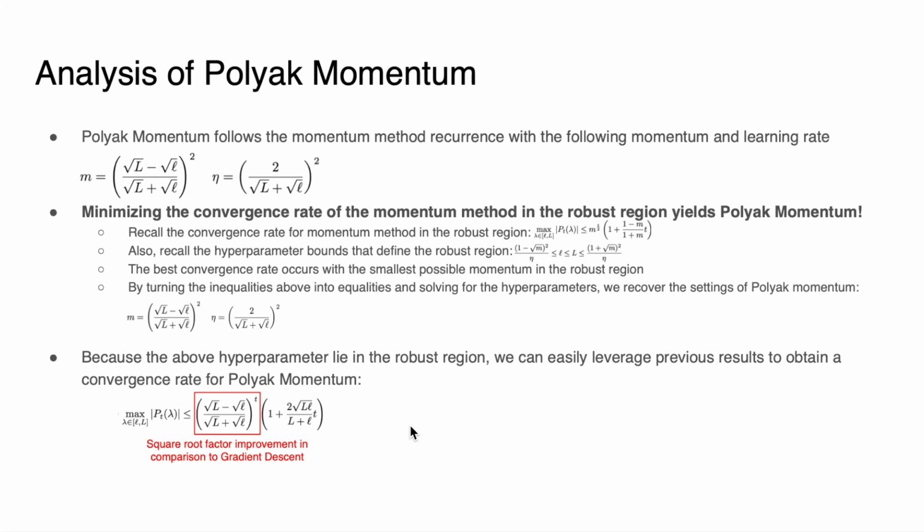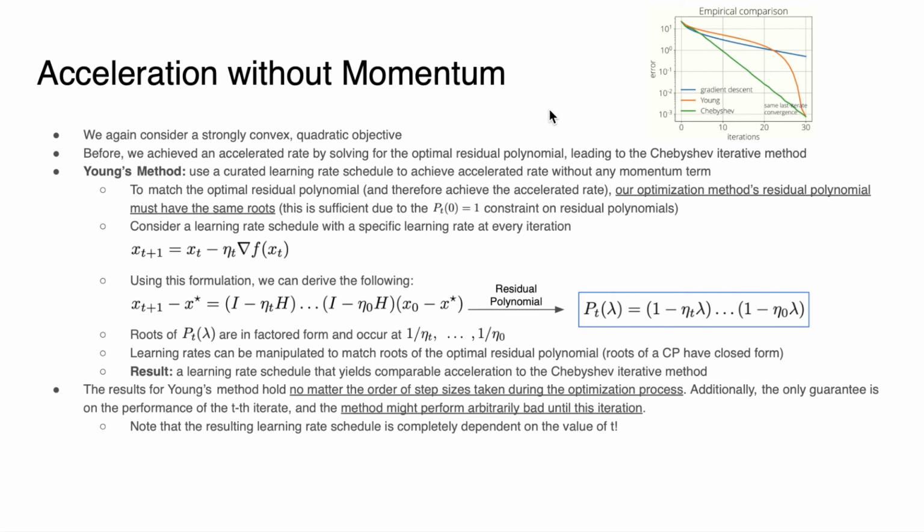So we see that Chebyshev polynomials give us a way of interpreting Polyak momentum as a method that minimizes our convergence rate within the robust region, as well as gives us a very easy way to derive this convergence rate given our previous analysis.